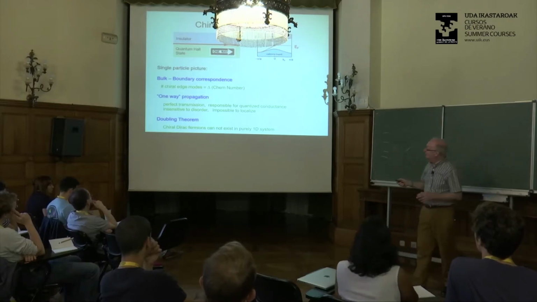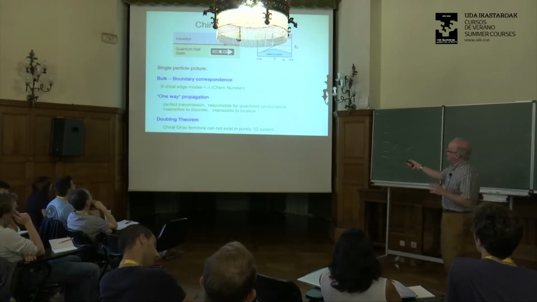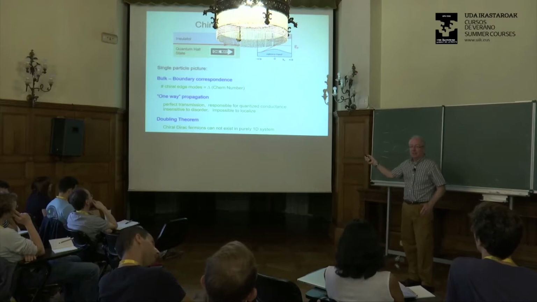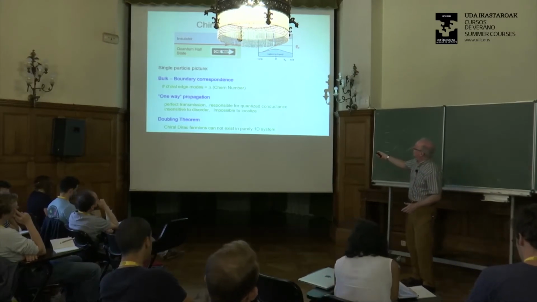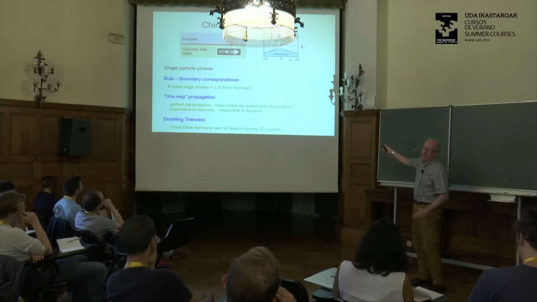And now of course the details of what happens in this edge state could change. So for instance, there's no rule against it coming up and then coming down and then going up again.